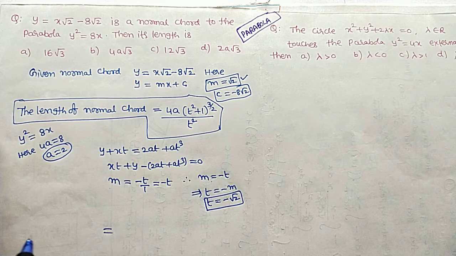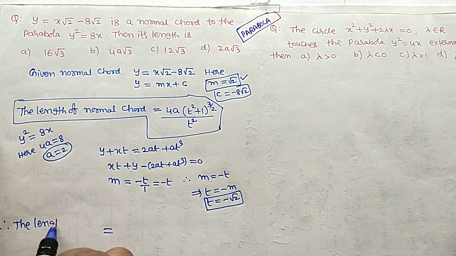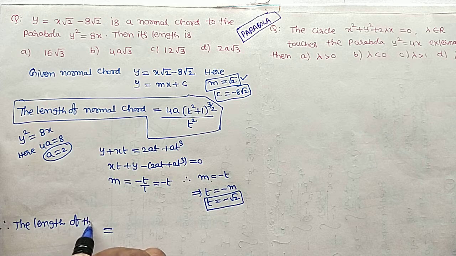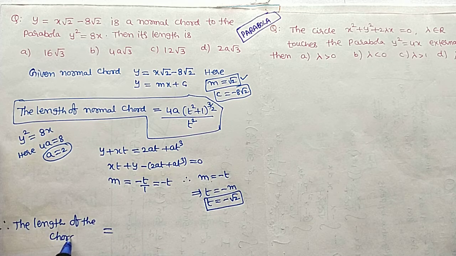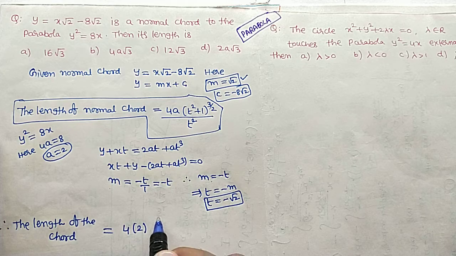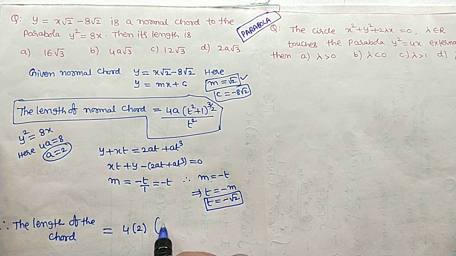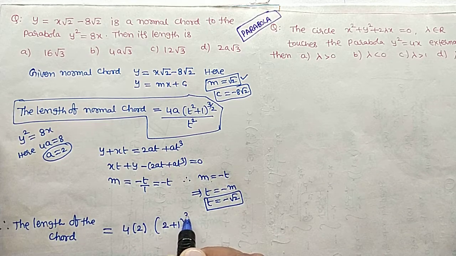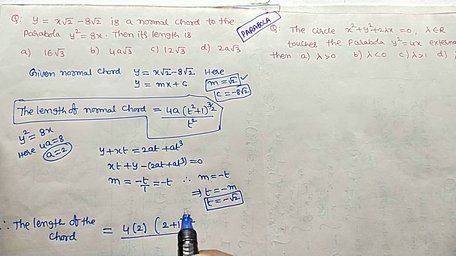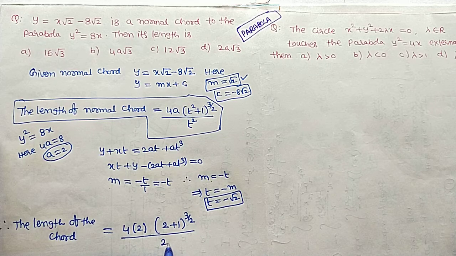Therefore, the length of the chord equals 4 into a, where a is 2, into (t square plus 1), that means (minus root 2) whole square, that is 2, plus 1, whole power 3 by 2, divided by t square, (minus root 2) whole square, is 2.